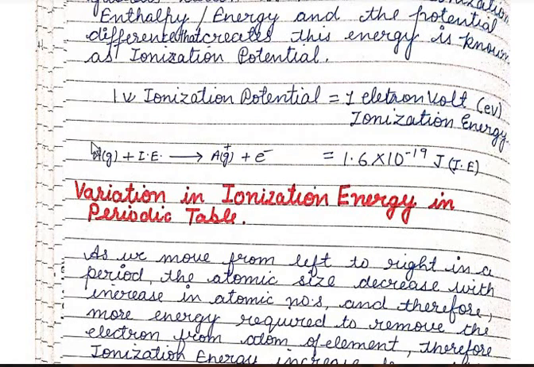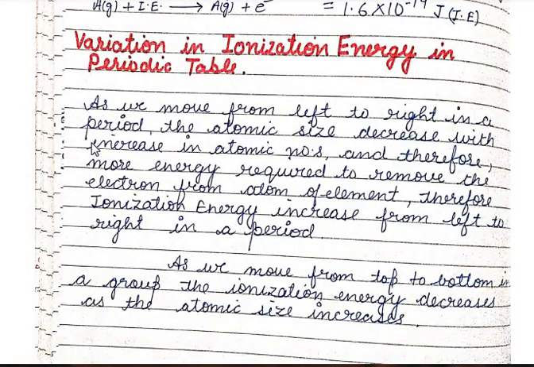Variation in ionization energy in periodic table. As we move from left to right in a period, the atomic size decreases with increase in atomic number, and therefore more energy is required to remove the electron from an atom of the element.